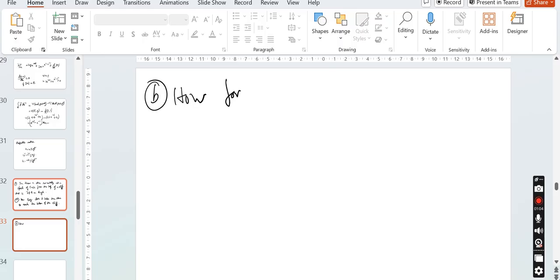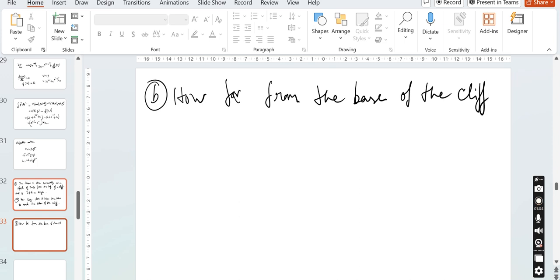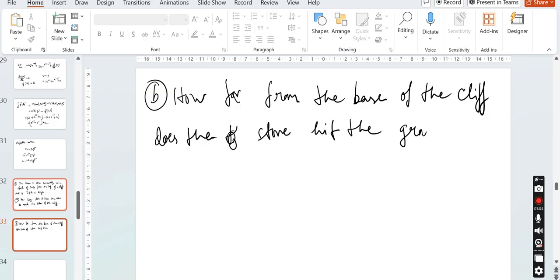How far from the base of the cliff does the stone hit the ground?